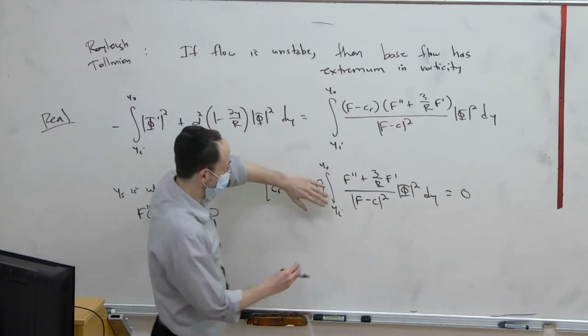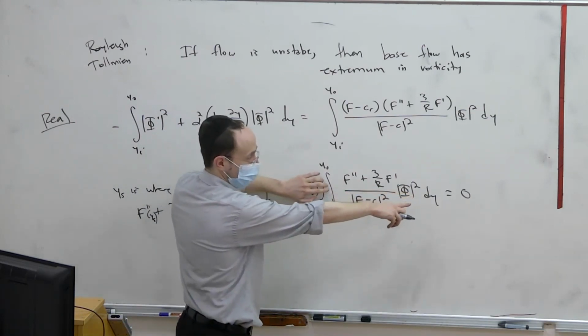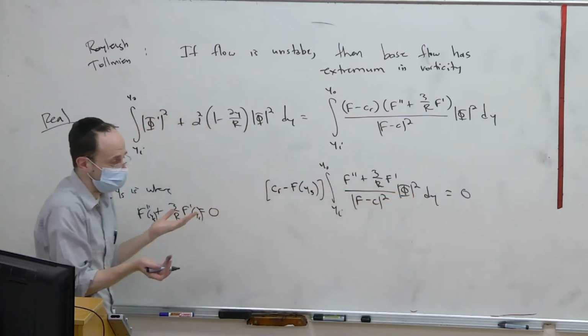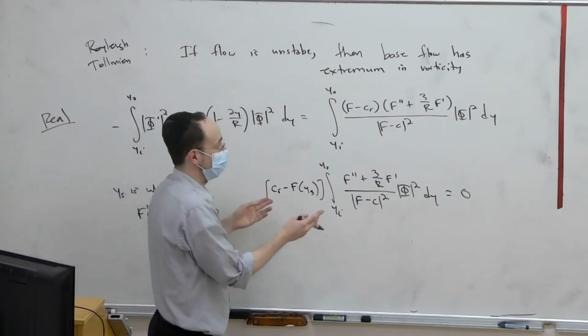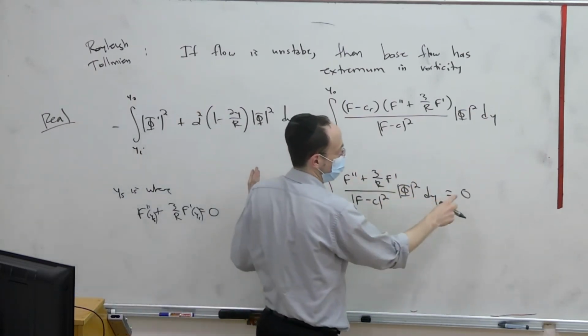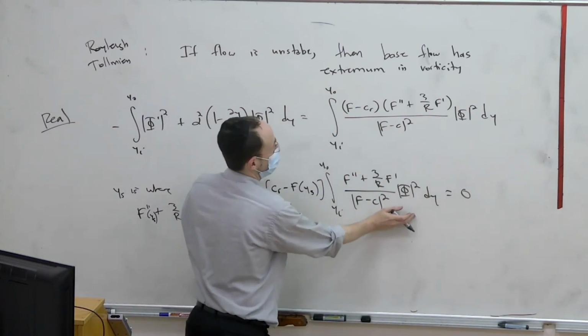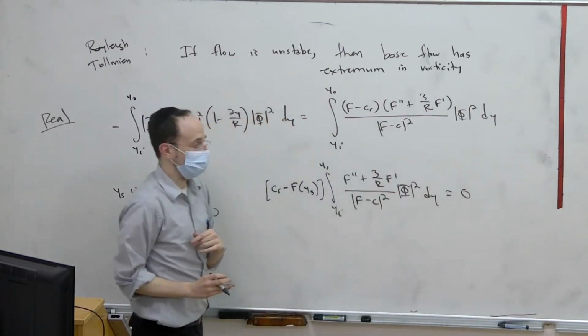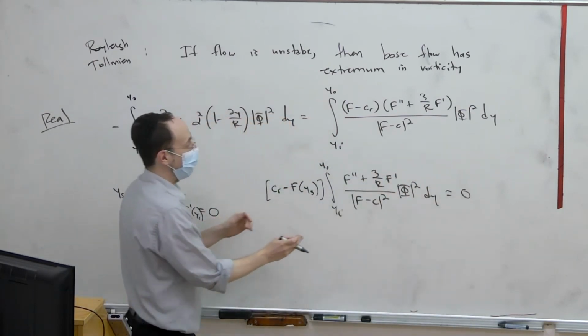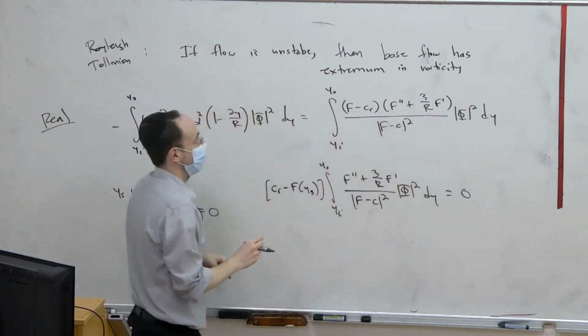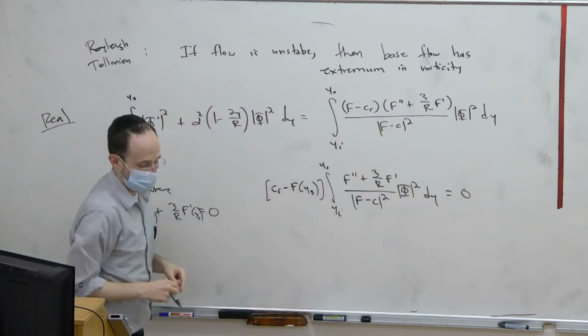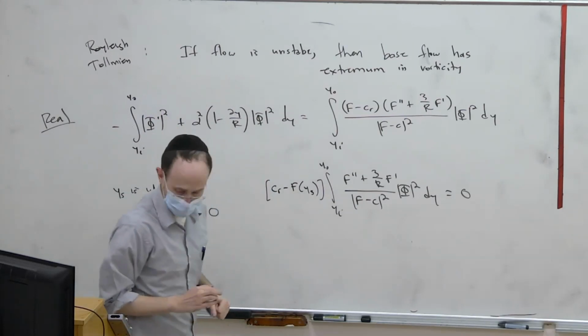So just like this thing was equal to 0 for instability, this is obviously also equal to 0 for instability. And because this whole thing is equal to 0, I can add this thing to that without changing anything. But of course, when I add this thing to that, I'm going to be able to do some simplifications. So let me do that.